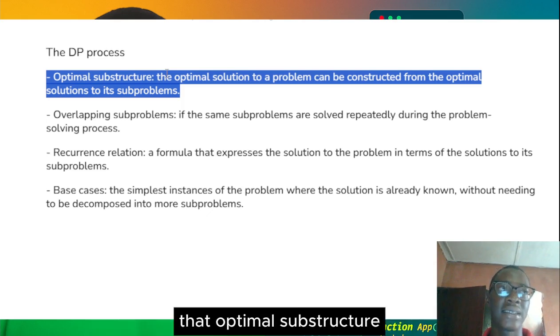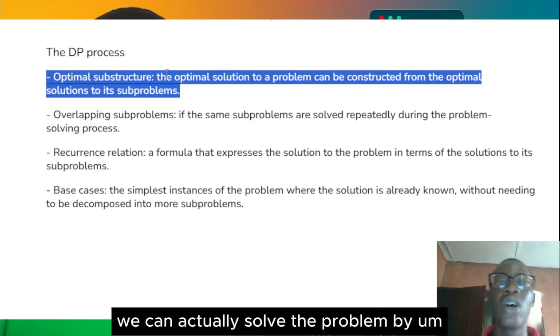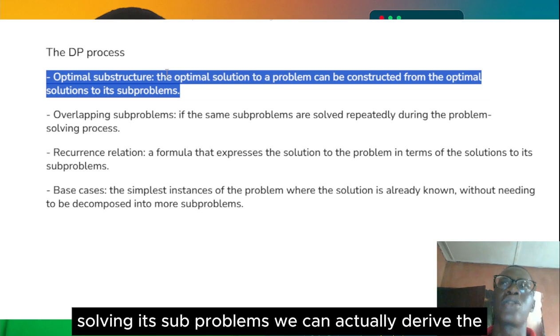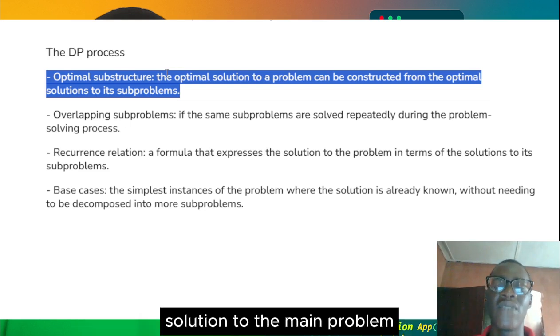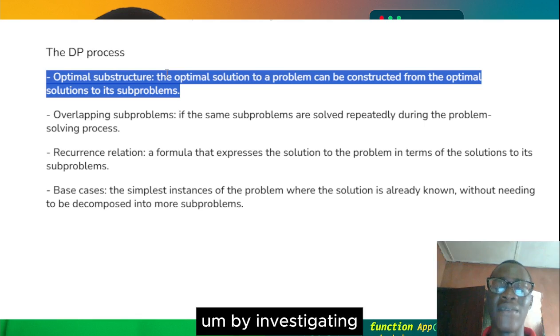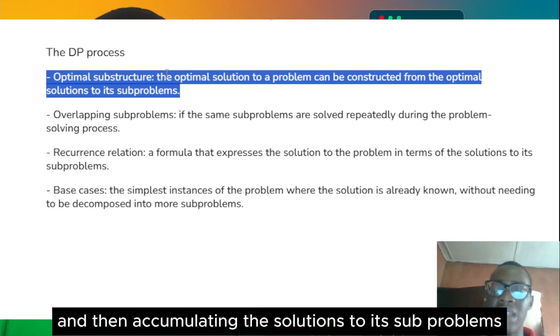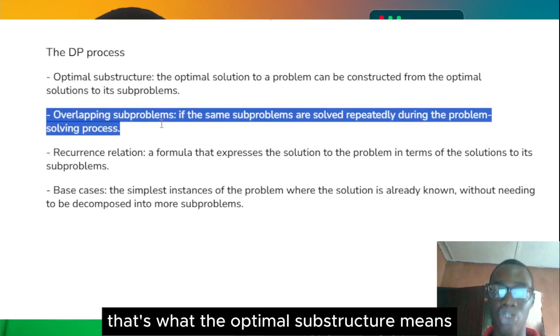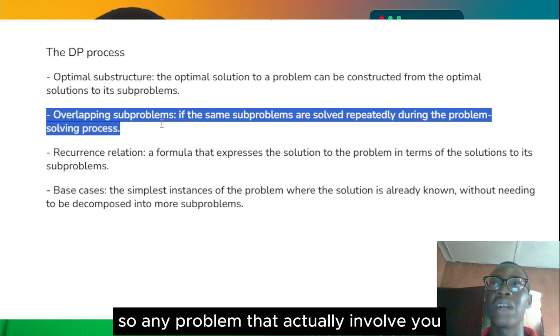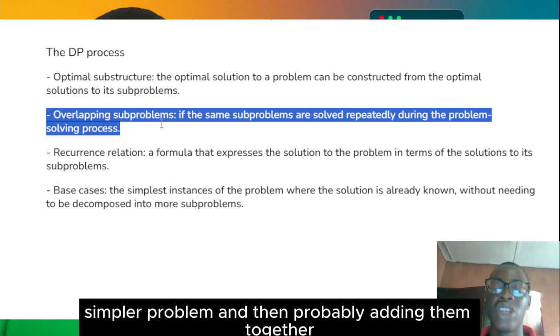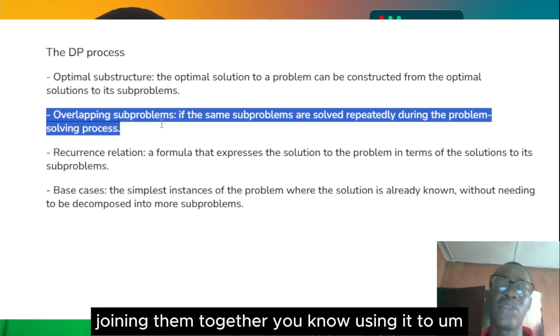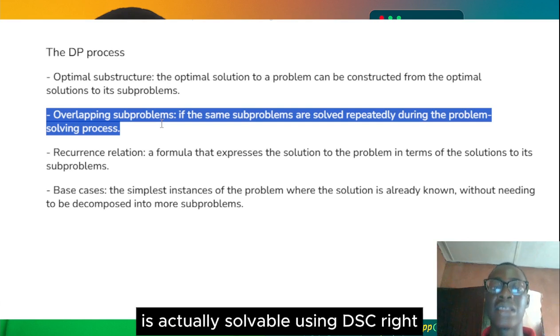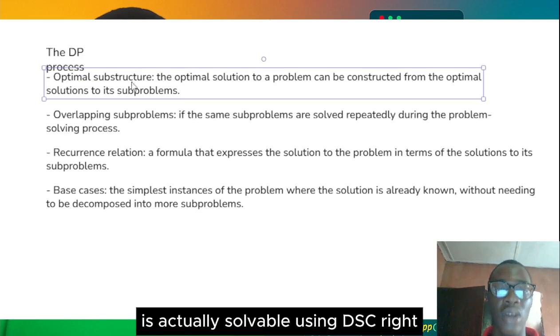We can derive the solution to the main problem by investigating and then accumulating the solutions to its subproblems. So any problem that involves solving simpler problems and then adding or joining them together to attain the main solution is solvable using DP, right?